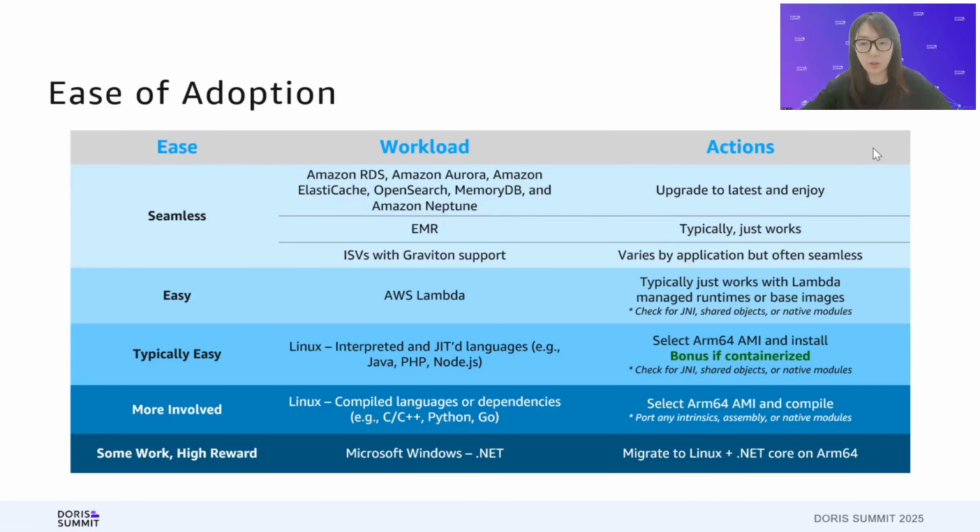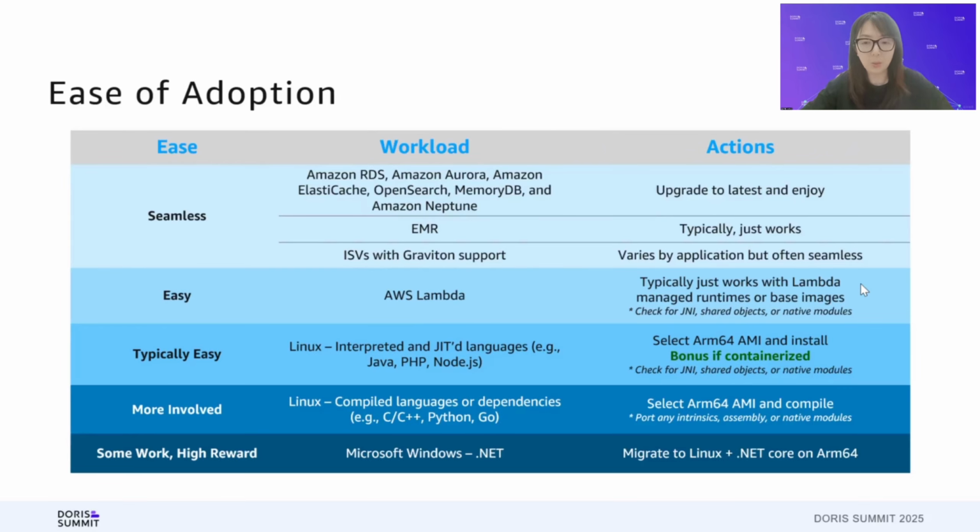One of the biggest concerns when considering a new processor architecture is adoption complexity. With Graviton, we have made the transition as seamless as possible for managed services and ISV services. For the easy workloads, most applications run on Graviton with little to no modification. Docker containers typically work out of the box on Graviton instances too.